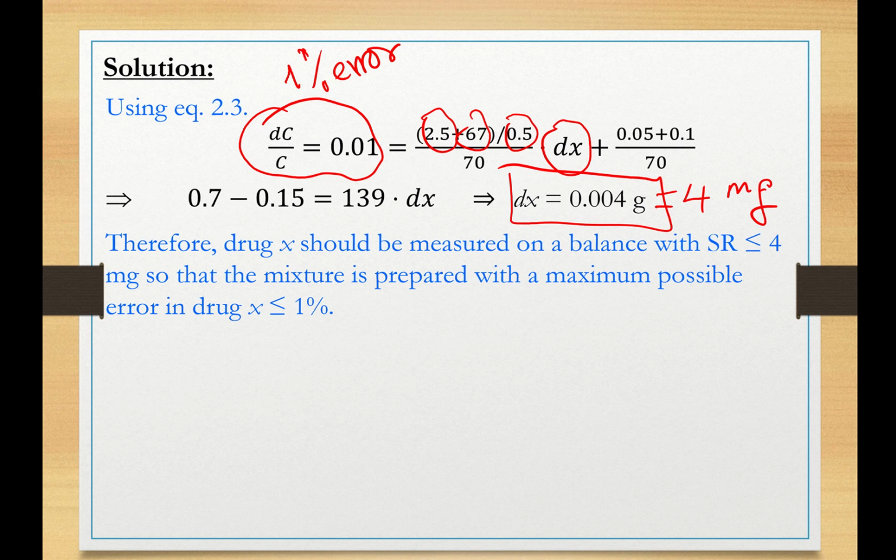If you choose a balance whose SR is greater than 4 milligrams, you're going to cause a bigger error in the drug concentration in the mixture. So this is nice.